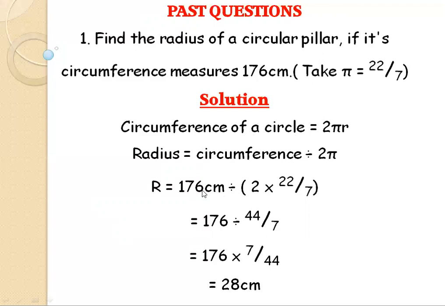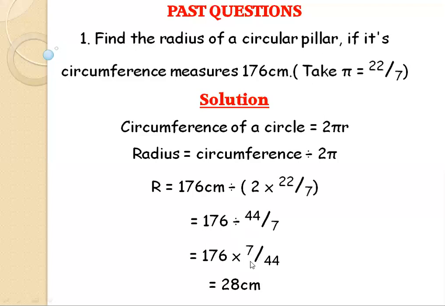My circumference is 176 centimeters, so I'll put it here, divided by 2 times my pi, which is 22/7. 2 times 22 is 44/7. Now, remember when I'm changing my division to multiplication, my denominator becomes the numerator, while the numerator becomes the denominator. So this will be 176 times 7 divided by 44.